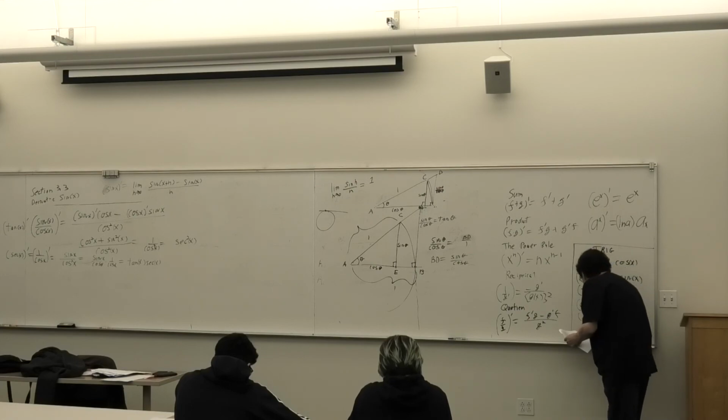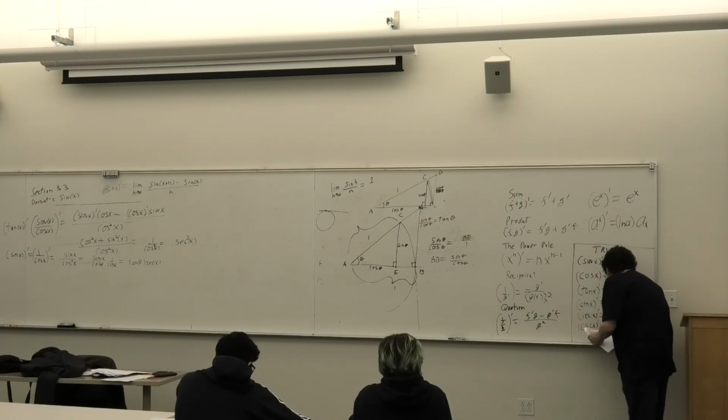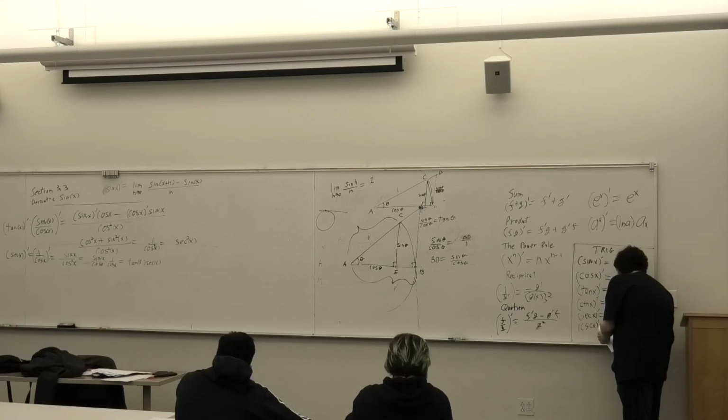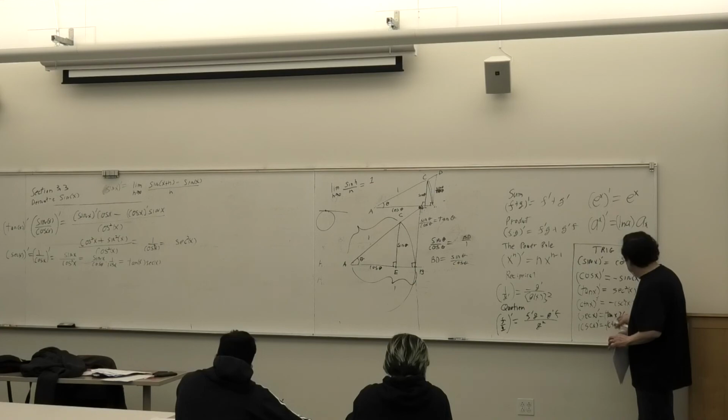And again, I'm going to skip, you can repeat what I just did. Derivative of the cosecant is going to be negative cotangent of x times the cosecant of x. So there's some nice patterns here.